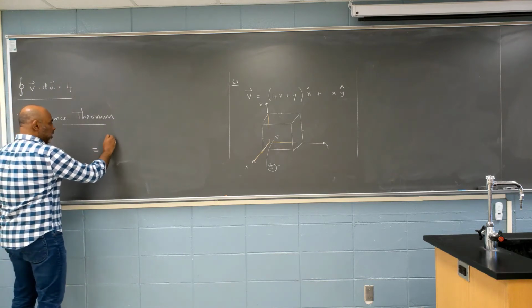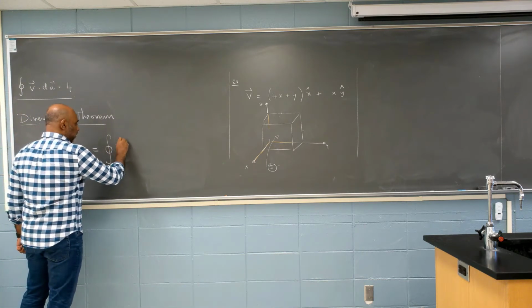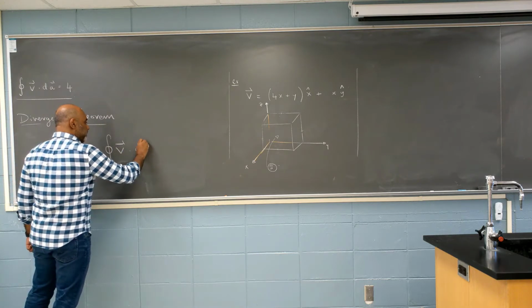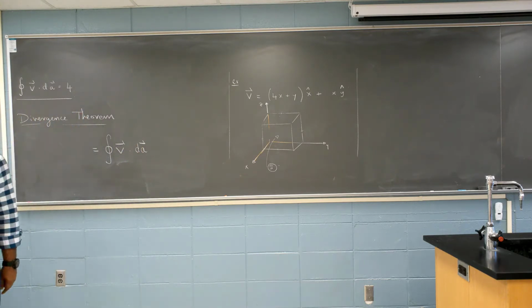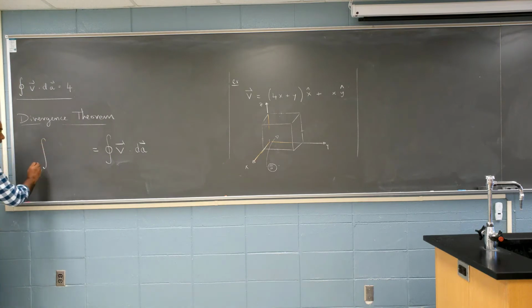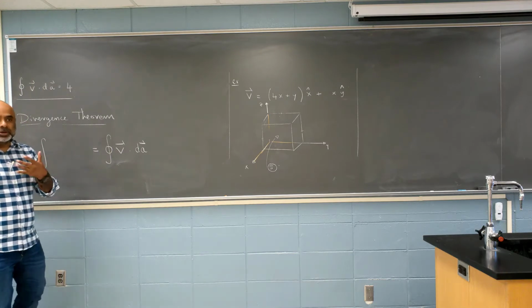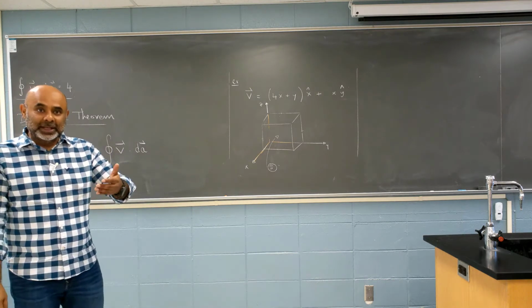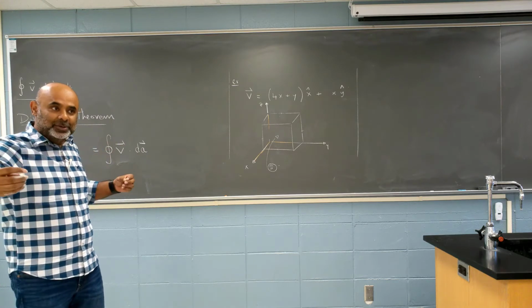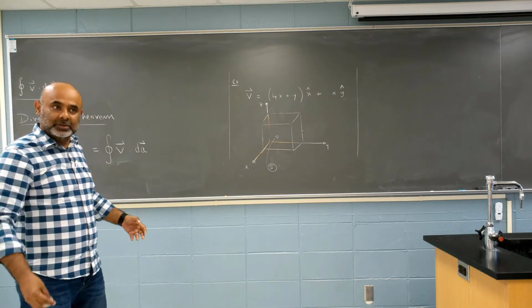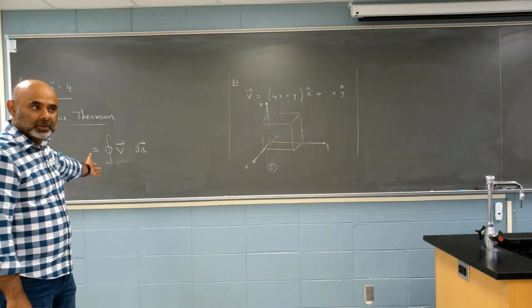You know one side of the divergence theorem. It says the area integral of a vector field on a closed surface, on the boundary of the closed surface, should be equal to the integral inside the volume. Always remember I talked about the fundamental theorem of calculus. It relates a derivative on the inside to the values on the outside. This is just the fundamental theorem of calculus in 3D.